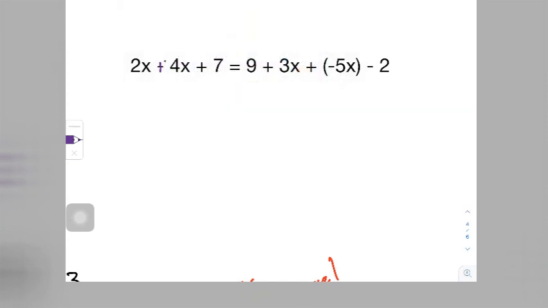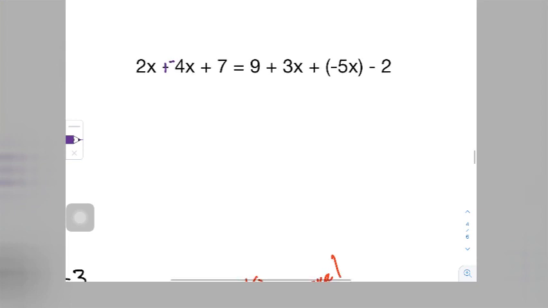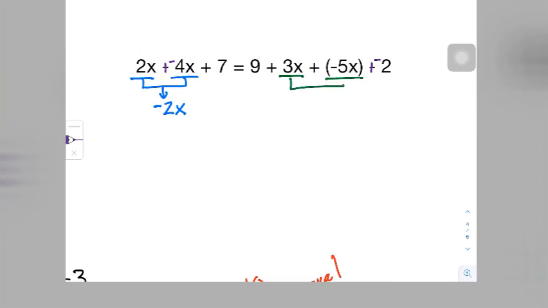2x plus negative 4. I'm going to do keep, change first and change all of my subtraction into adding negatives. So I change this subtraction and this subtraction. Then I'm going to combine like terms. So 2x plus negative 4x is going to equal negative 2x. And then on the other side, I can combine 3x plus negative 5, and that is also negative 2x.